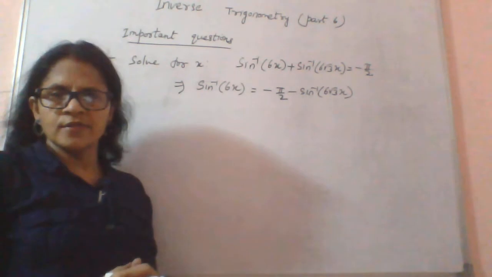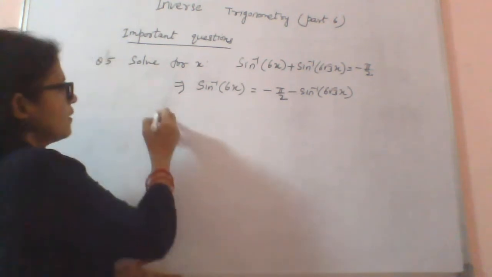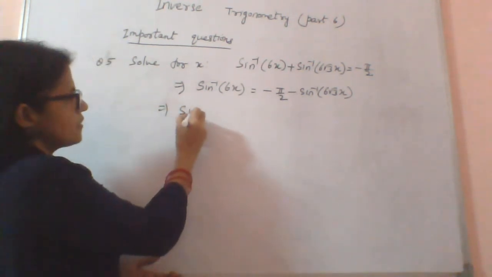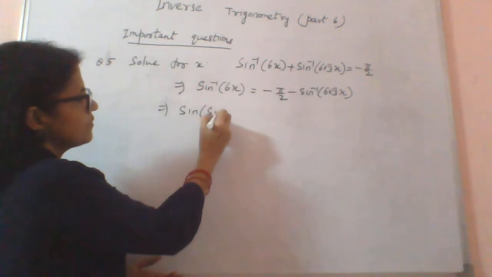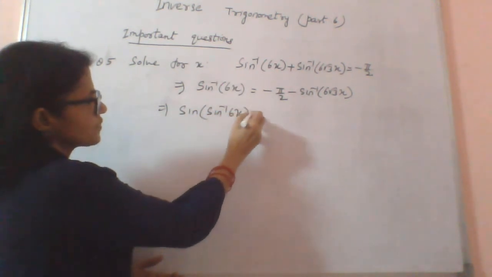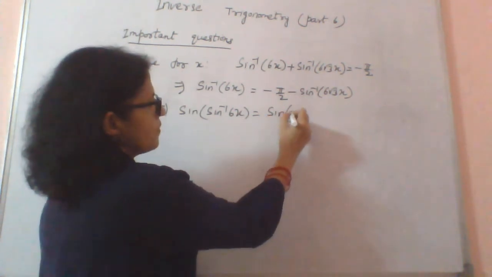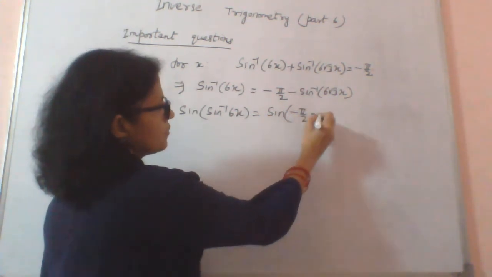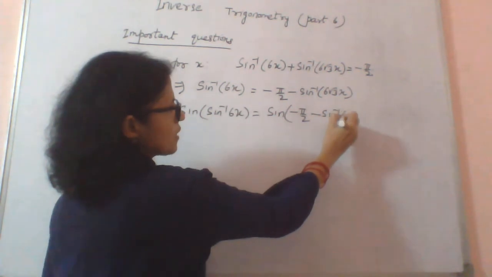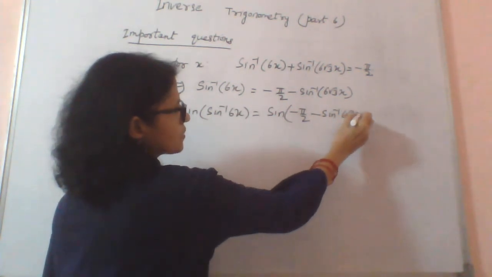Okay, so now let's take sine of both sides. Taking sine of both sides, sine of sin inverse 6x equal to sine of minus pi by 2 minus sin inverse 6 root 3x.